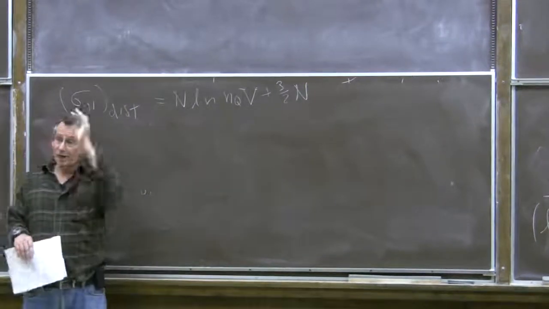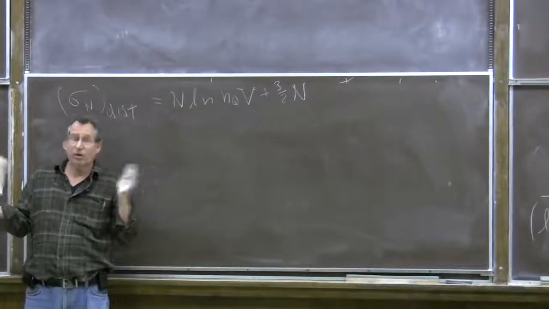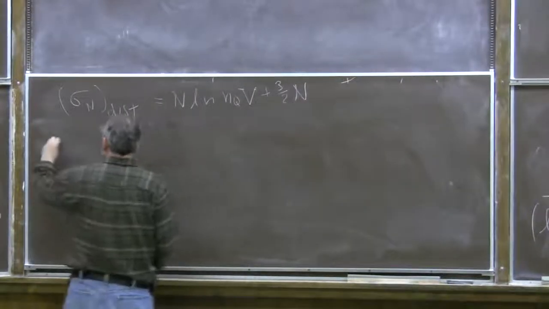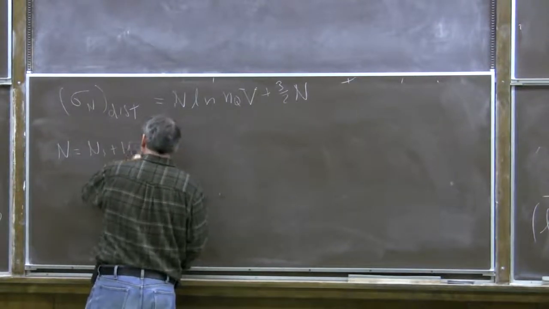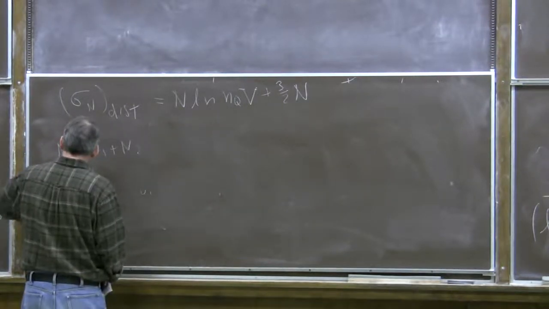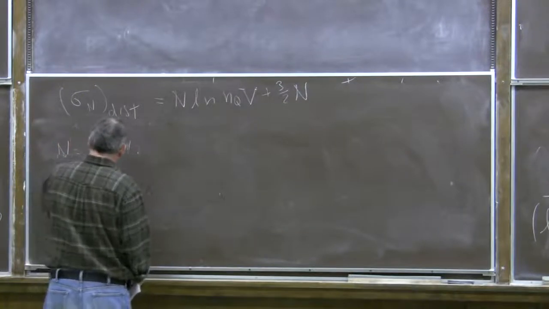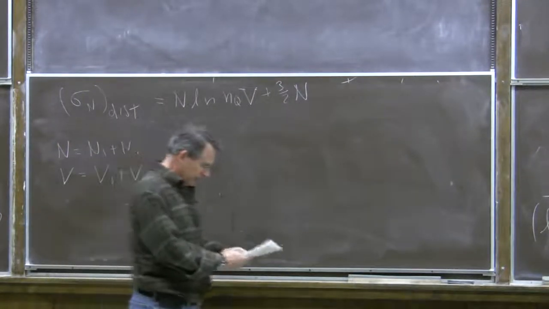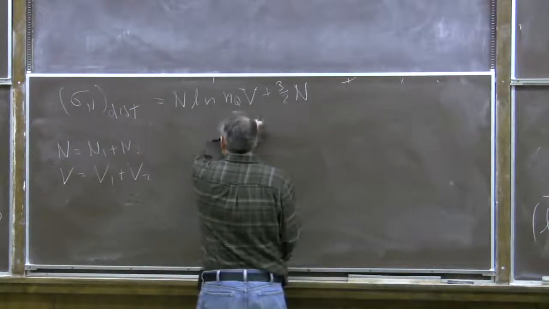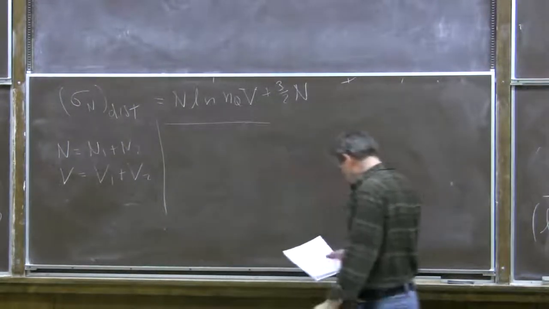After we remove the partition, we have the total number of particles N equals N1 plus N2, and the total volume V, the sum of the volumes of the two boxes, V1 and V2. So how does the entropy change?